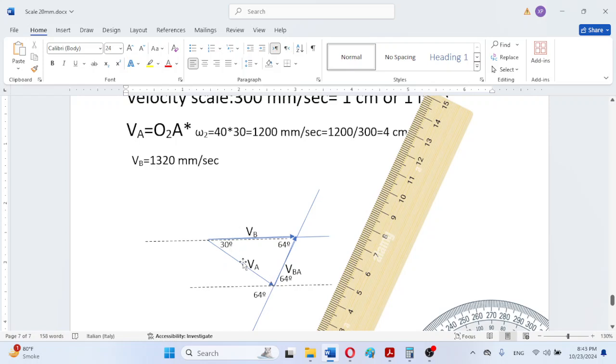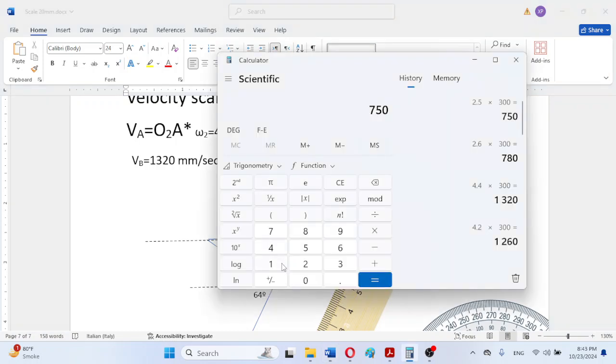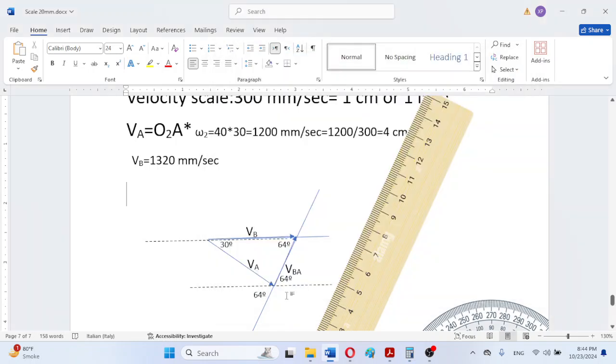So this third angle can now be obtained by subtracting the sum of this angle 30 and this angle 64 from 180 degrees, because the sum of the angles in a triangle is equal to 180 degrees. So 64 plus 30, subtracted from 180 degrees, comes out to be 86.